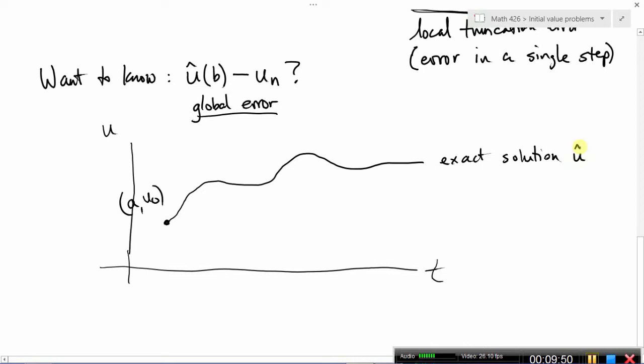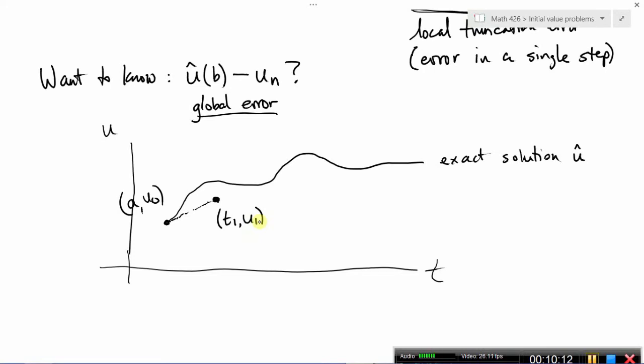Well, the first thing we do with Euler is we take a step. And one interpretation of Euler is that you follow the tangent line out a ways and stop. So this would be t1, u1. Normally the error might not be that big, but I'm exaggerating it.